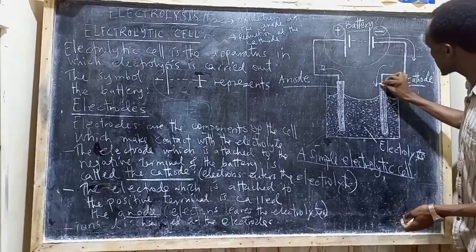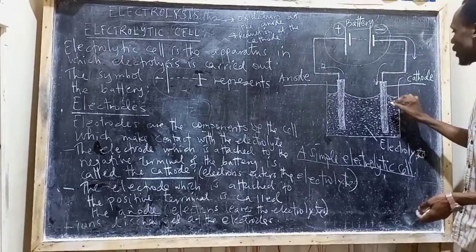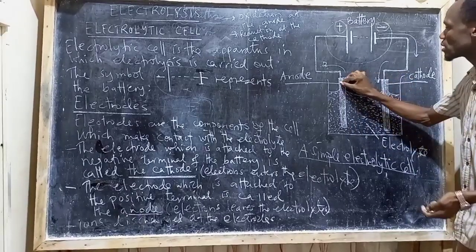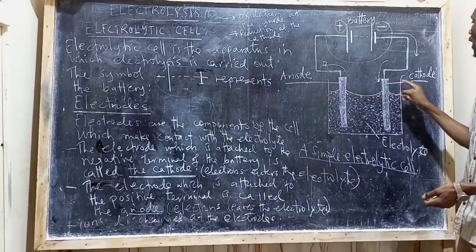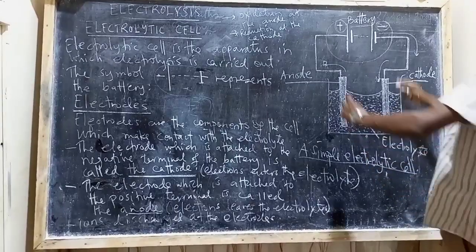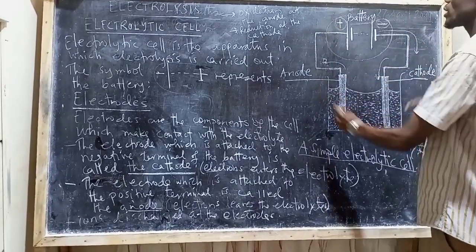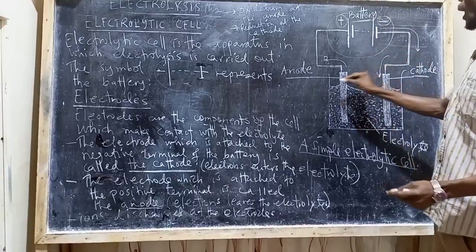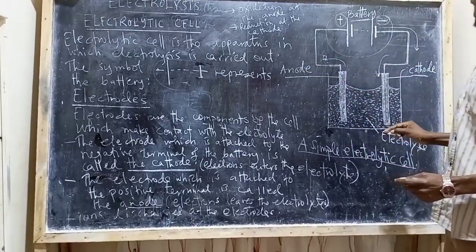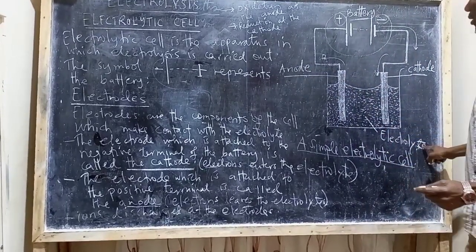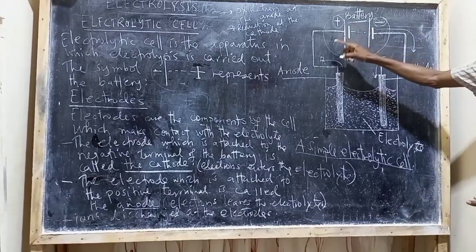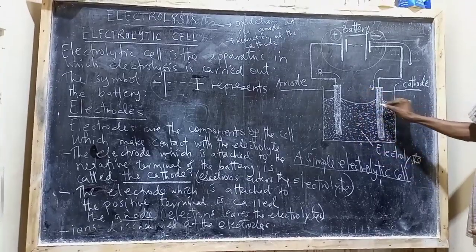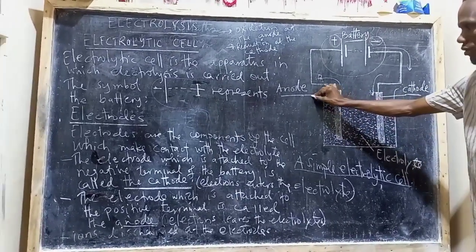This is an electrode, and this is an electrode: anode and cathode. This is what we call a simple electrolytic cell, which consists of a battery, electrodes, and electrolytes. The conduction of electricity passes through the electrolytes by using the cathode and anode.